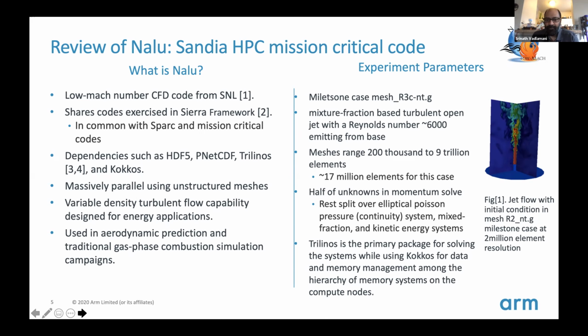And we have more details about the particular problem. Trilinos is being used to solve the actual equations. And in this case, Kokkos is dealing with all the data and memory management and decomposition per node. For this experiment, I used only OpenMPI, no proprietary MPIs, and the OpenMPI was built directly from Spack.